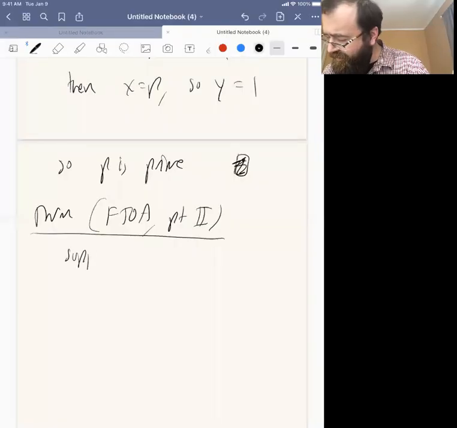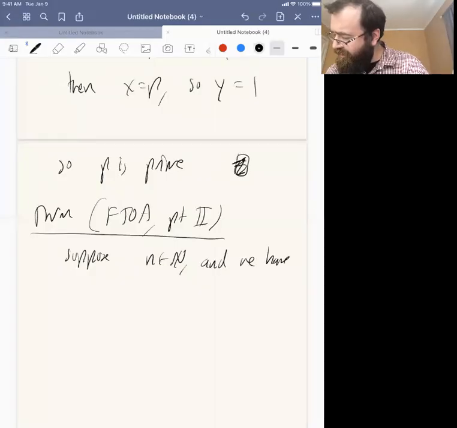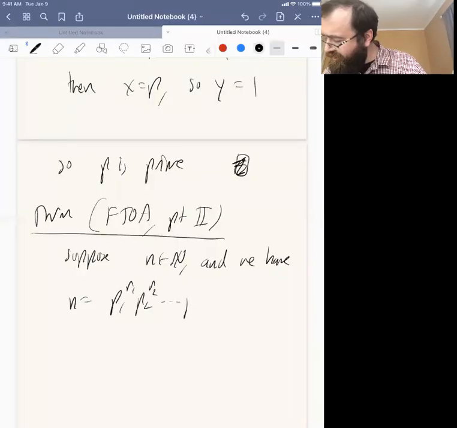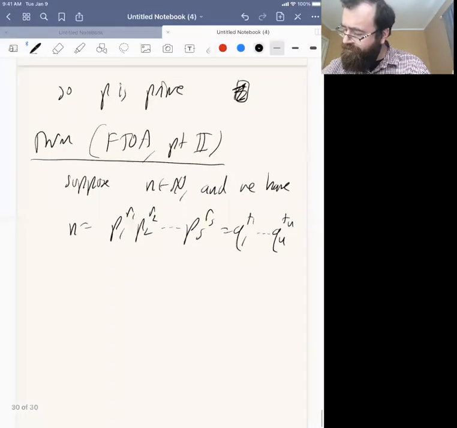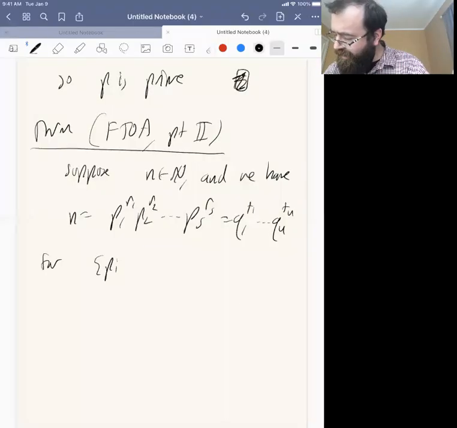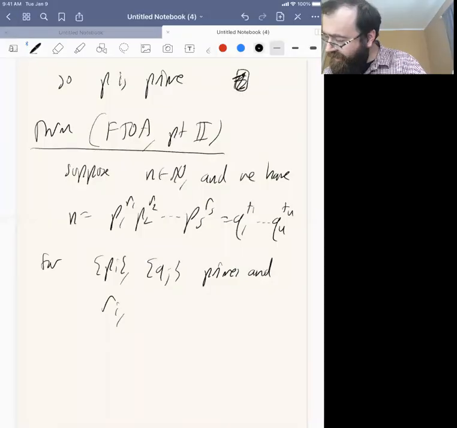So suppose n in N, and we have n equals p1 to the r1, p2 to the r2, ps to the rs, equals q1 to the t1, q2 to the t2, qu to the t sub u, for pi, qj primes, and ri, tj greater than 0.